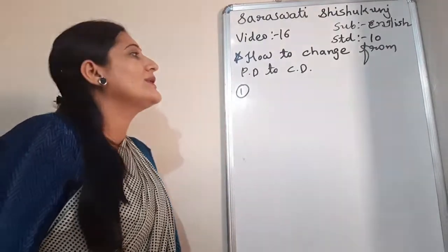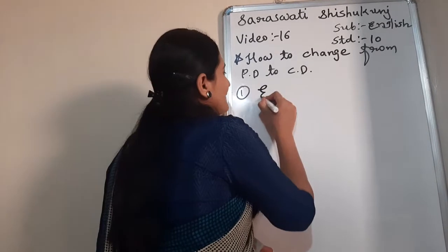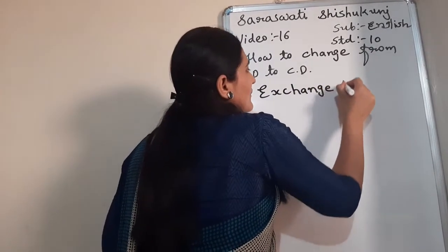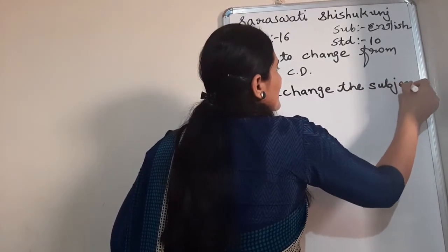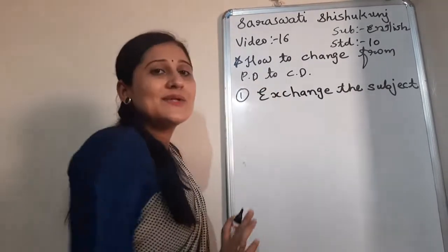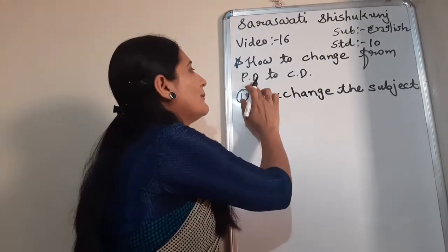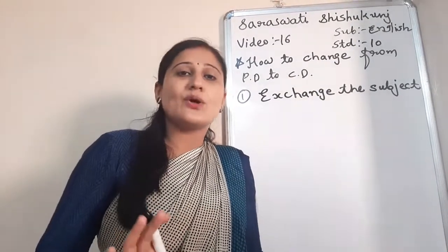There are some common rules. Let's see the first rule, that is exchange the subject. Now see, positive degree example or sentence is given. When you turn from PD to CD, as I told you, I will speak short forms, right?